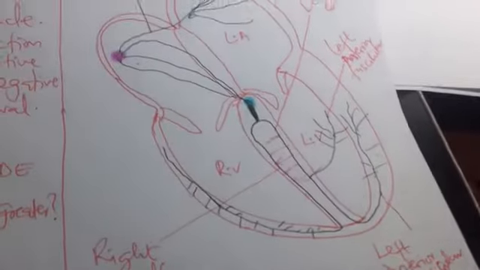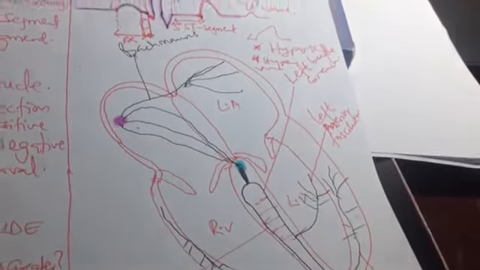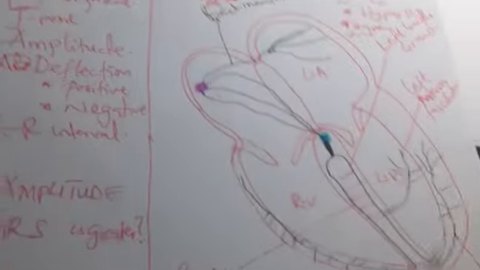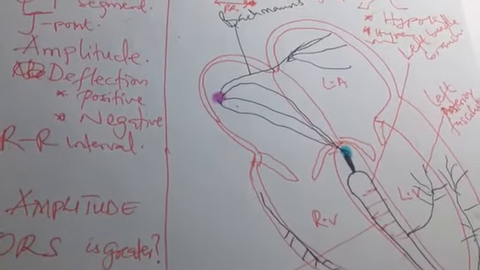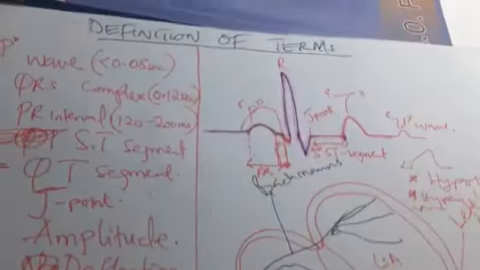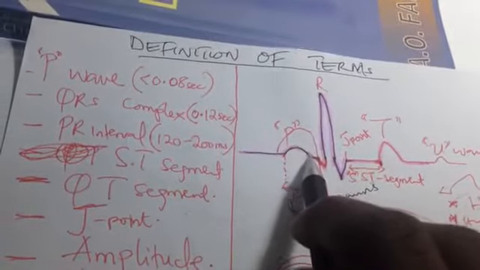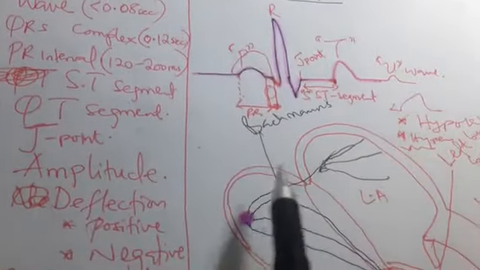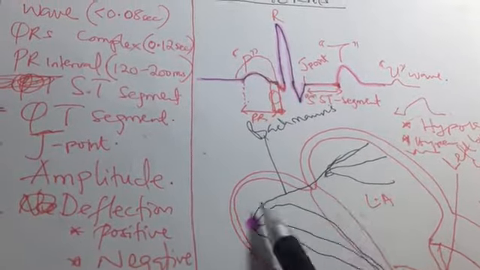So now we come to the end of this second lecture of Introduction to ECG. In a nutshell, we are going to recap. This is the P wave, denoting the depolarization of the atrium.